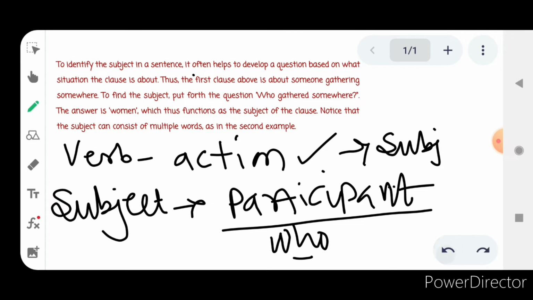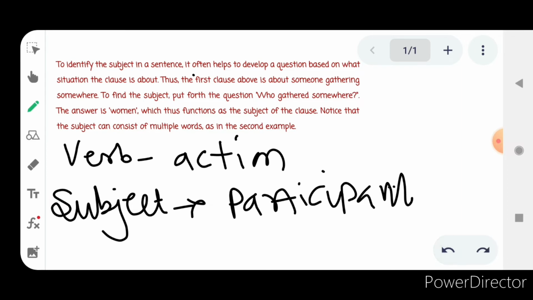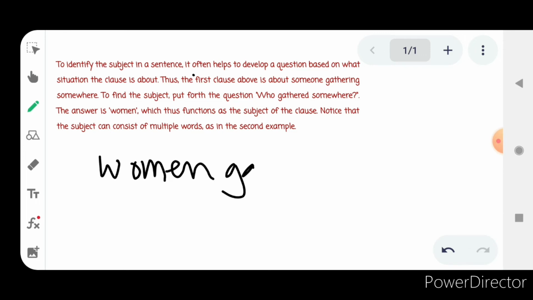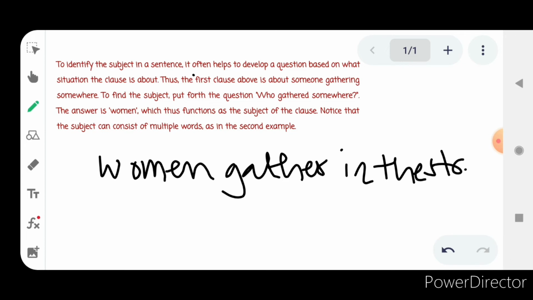In the previously seen sentence, women gathered in the street, this is the verb here. In this action of gathering, who has participated?